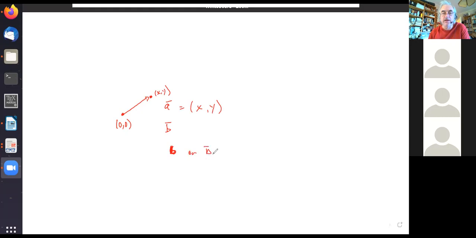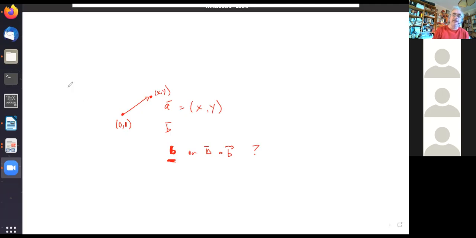Or in my writing with a bar, or maybe one should have an arrow on top of it. I don't know which one is the correct one, but in a lot of literature they use a bold case for vectors and non-bold for normal scalars.